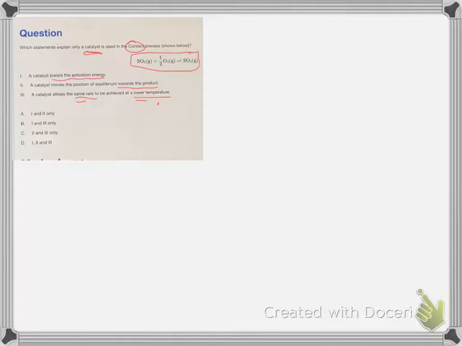Okay, so now in general terms, I'm talking about temperature.